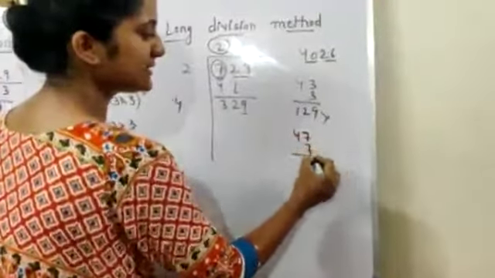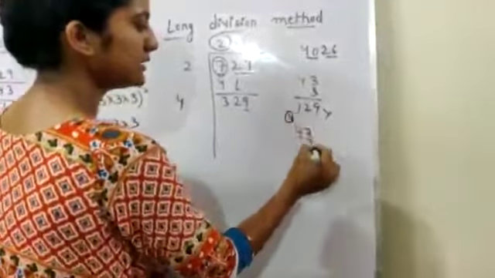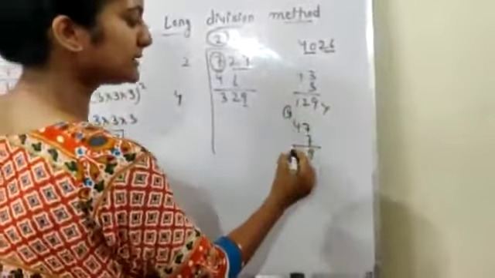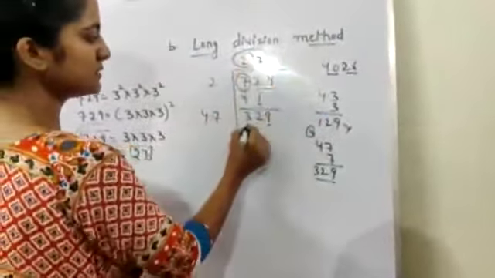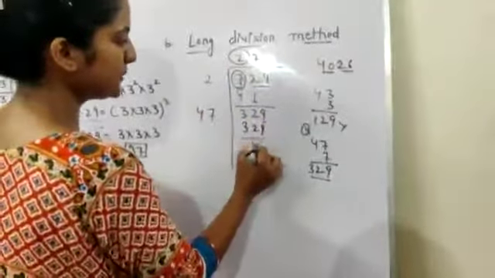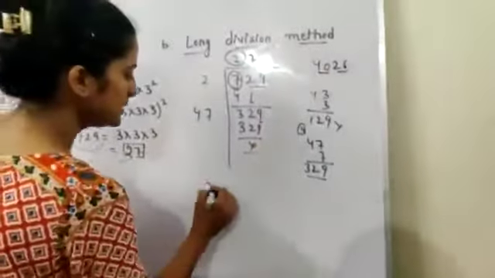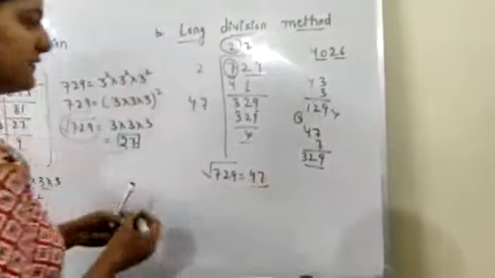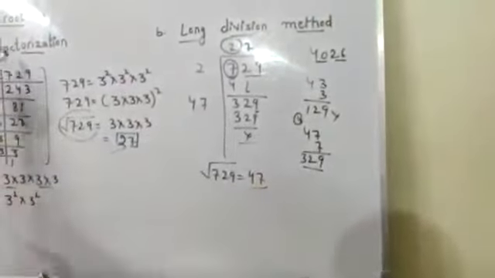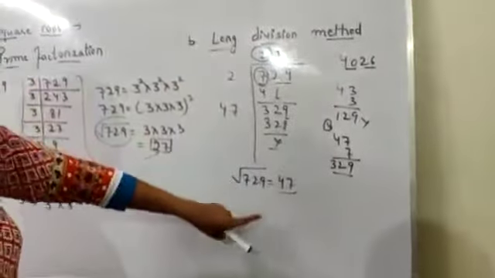So we'll take 7. This 32, so 28, this is your 32. So 7 and 7, it will become 329. So the square root of 729 is 27. So this was the prime factorization method and this is our long division method.